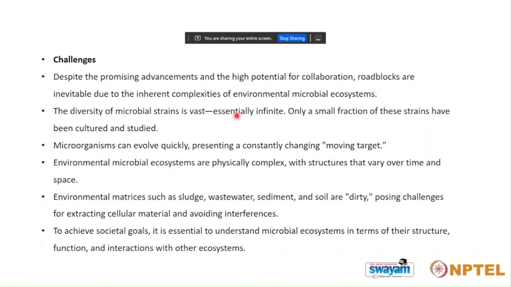So this creates a major challenge. In order to understand the microbial communities, we have to go through all these challenges first.